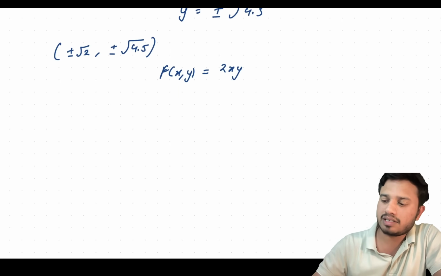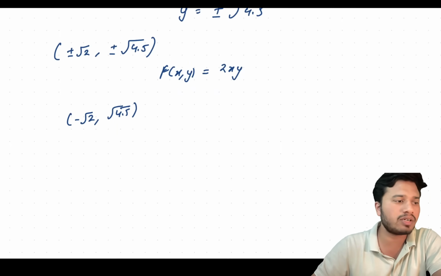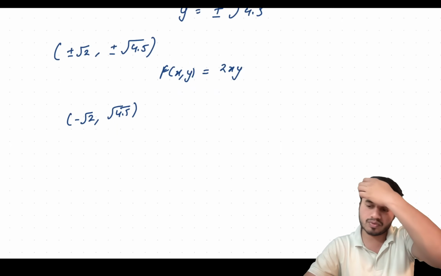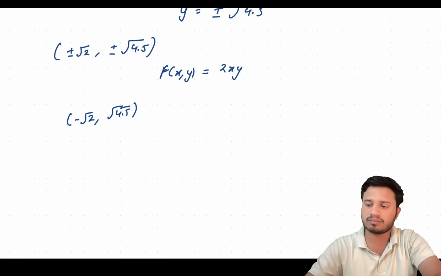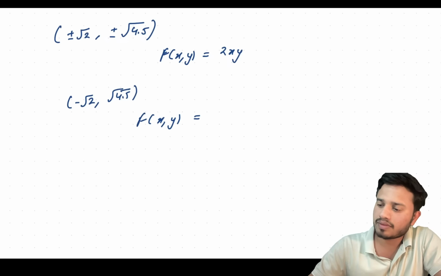Just take any number to be positive and this cannot take both positive and both. If you take both, again xy will be times five minus 9.